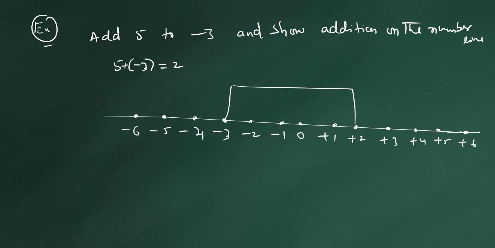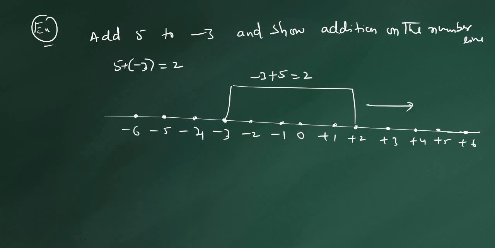So now you can observe, if you add plus 5 to minus 3, then you will get 2. Or else if you add minus 5 to plus 2, then you will get minus 3. So minus 3 plus 5 is equal to 2 is the representation.